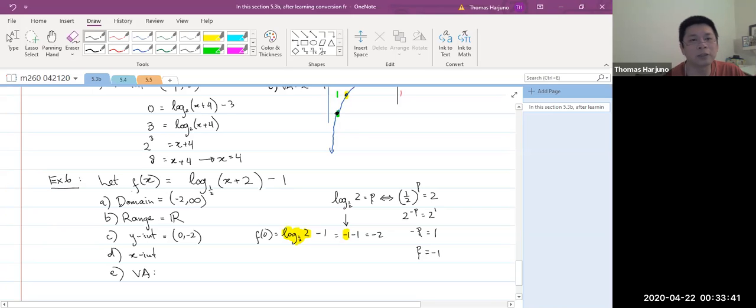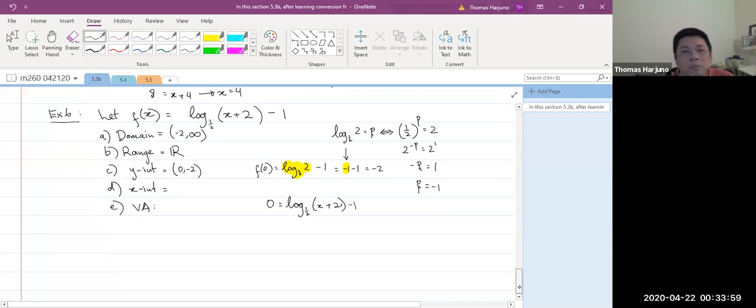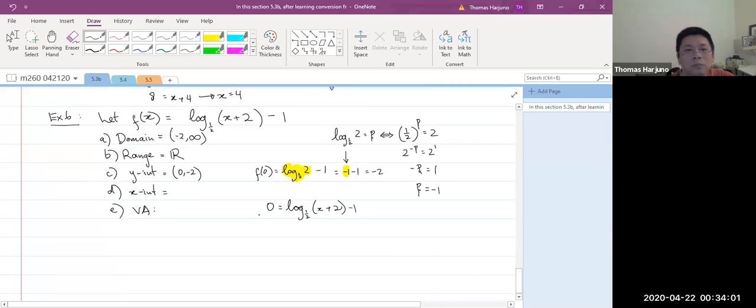How about the x-intercept? And we show the work here. Let's say 0 equals log base 1/2 of (x plus 2) minus 1. 1 equals log base 1/2 of (x plus 2).